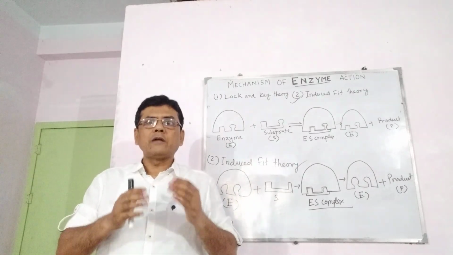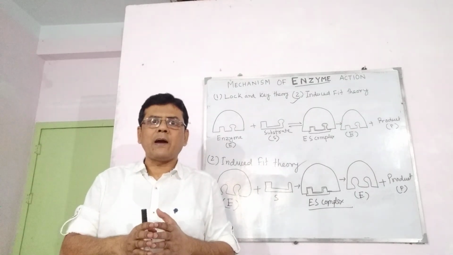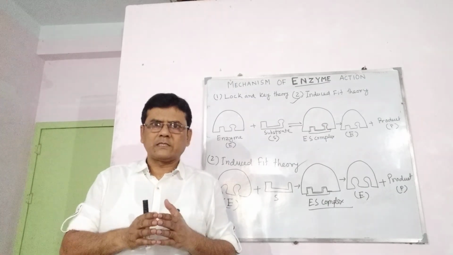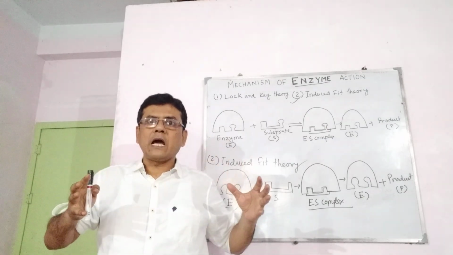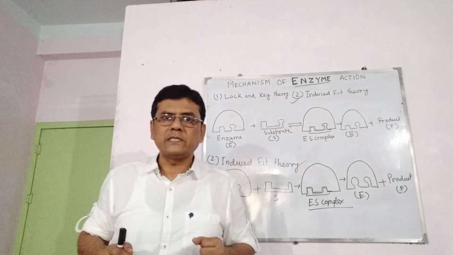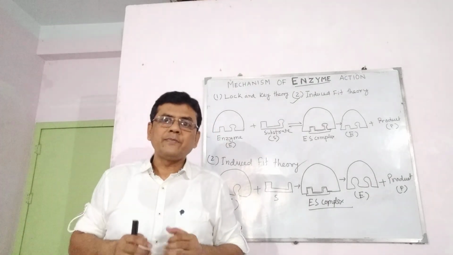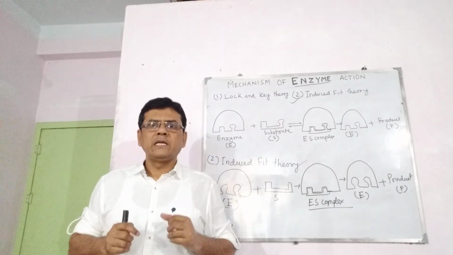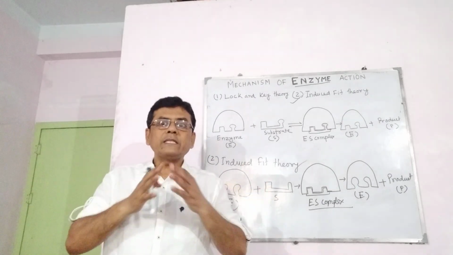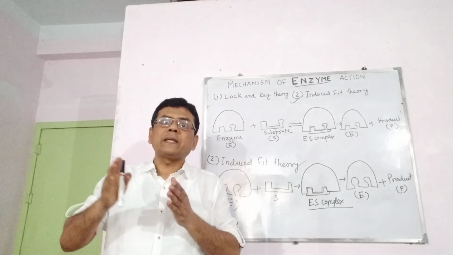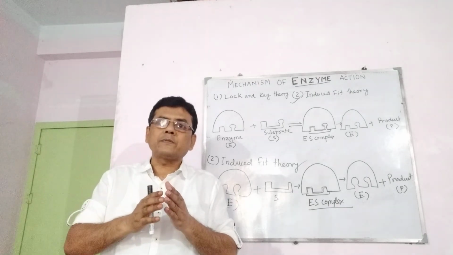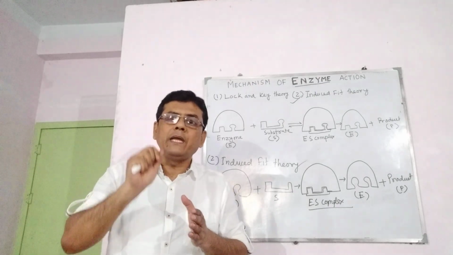Now, I would like to discuss the factors that affect enzyme activity. First of all, temperature. The enzyme activity increases with an increase in temperature, but only up to a certain limit.